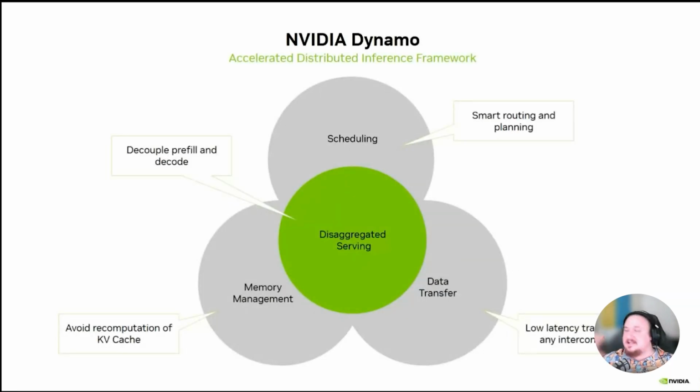And then, of course, disaggregated serving is the big one. And again, just to remind you, if you just popped in here, disaggregated serving means we're splitting apart function across hardware. So instead of having hardware that's doing everything, we want to allow our hardware to focus on one task at a time. There you go.